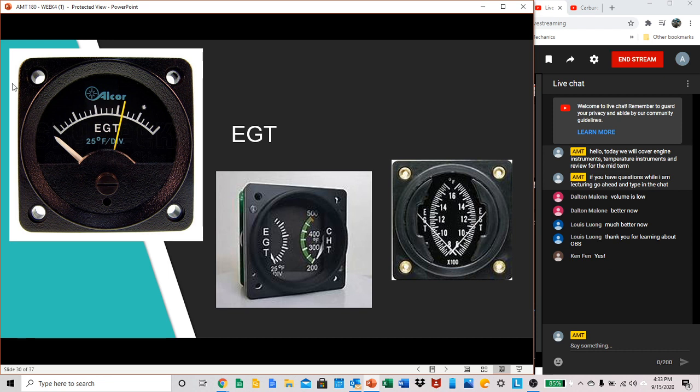Probably means you don't want to go above this specific degree, because your engine would probably be running too hot. But you can see that a lot of these EGT gauges don't have a range marking, a color-coded range marking. So that's something that needs to be accounted for when you are in the manuals.